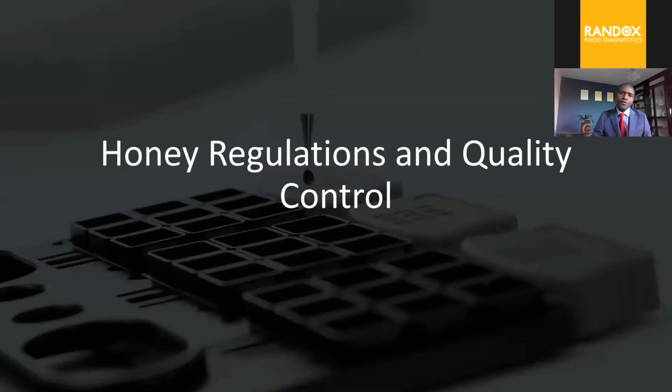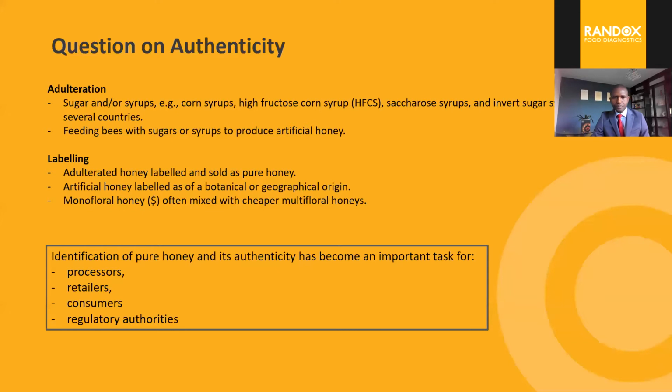That is very, very important. It's a natural product that should not have anything added to it, that should not have deteriorated. So we are going to discuss this as we go along.